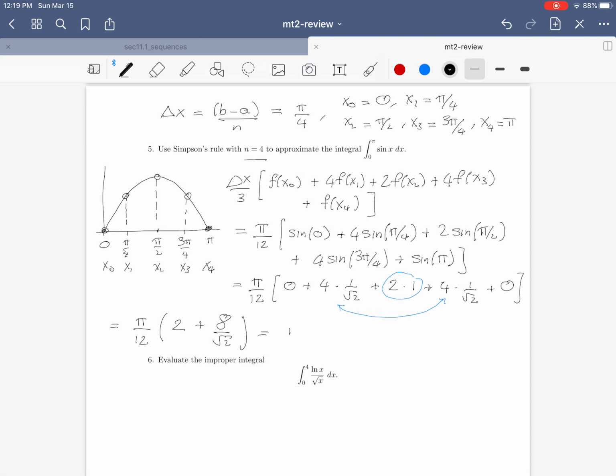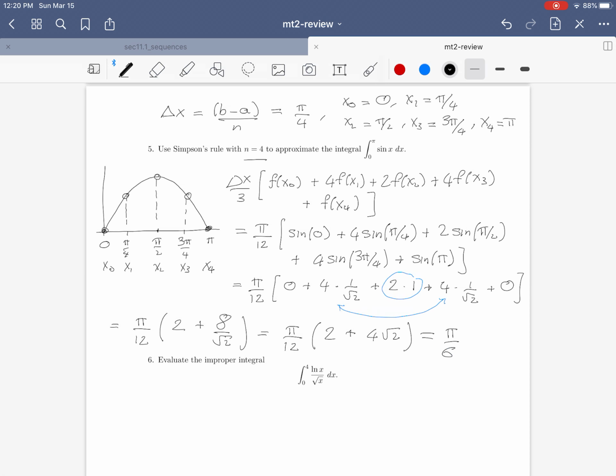And let's do one more thing to simplify this. So we get pi by 12 times 2 plus 8 divided by root 2, which is 4 square root 2. And let's pull out a factor of 2 as well.